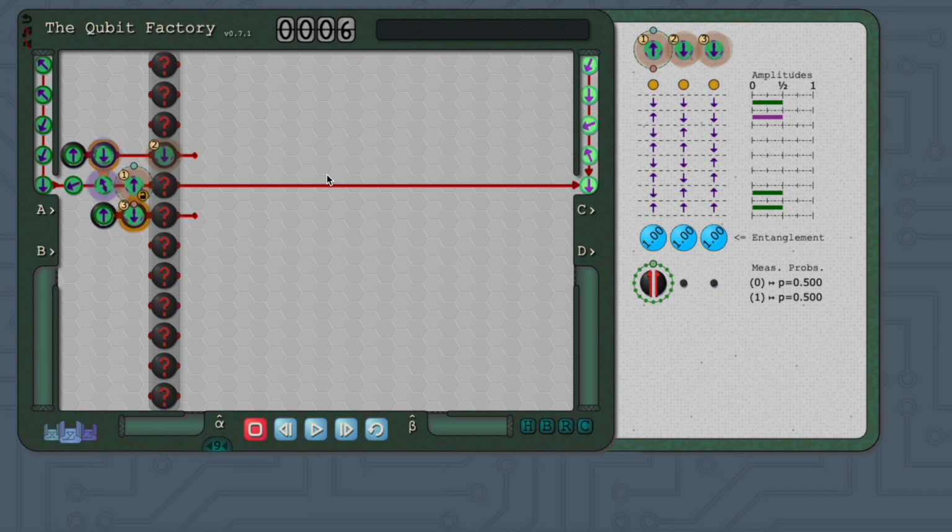What I've done with this is I've distributed the information from 1 qubit amongst this group of 3 qubits. So if anything happens to one of these qubits in this group, then I can still potentially recover this data precisely because I've distributed it amongst multiple qubits.